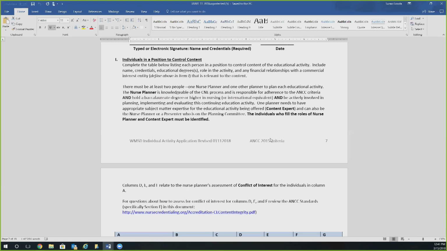I would have them fill out the conflict of interest form, the top half, and self-report for the last 12 months. Have they had any involvement in? The nurse planner then needs to make the determination, is this going to be a conflict related to our topic?